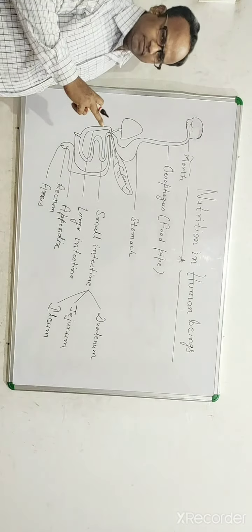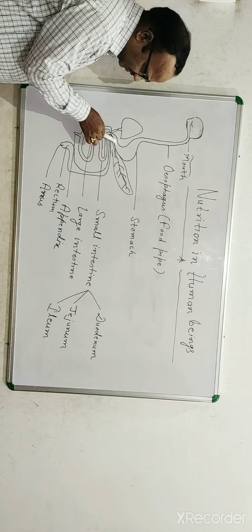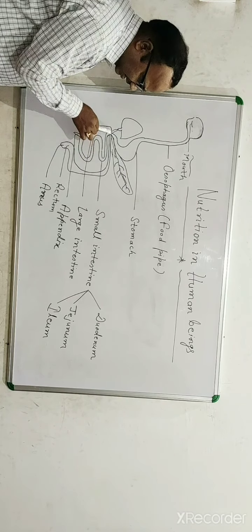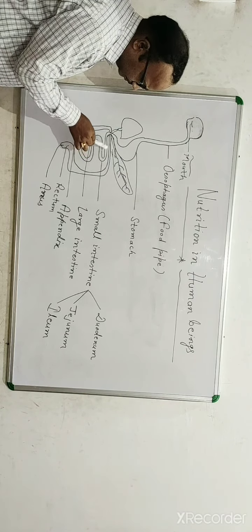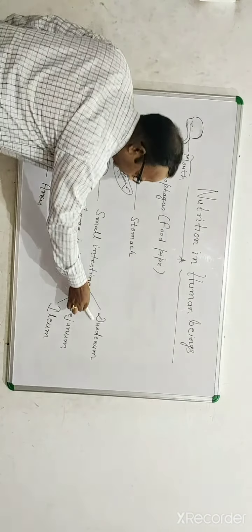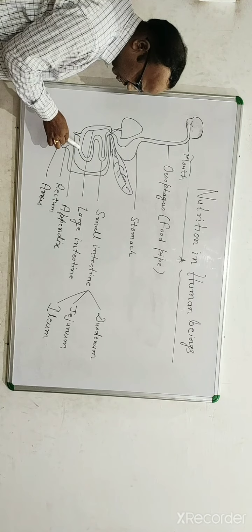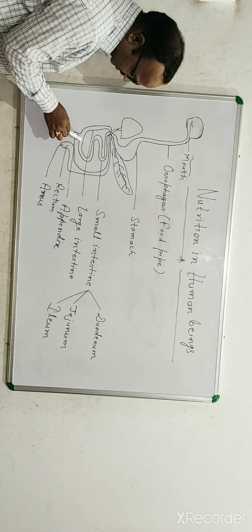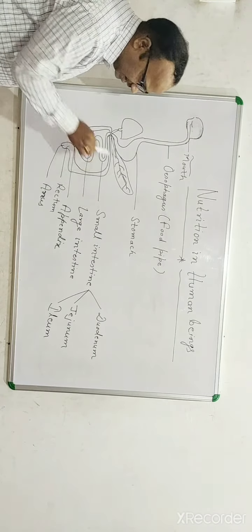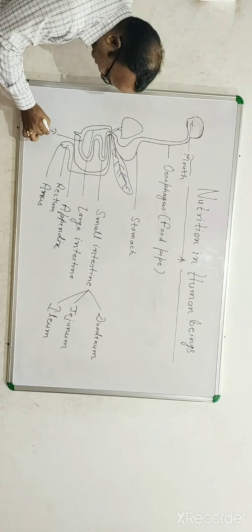I am showing you. After the stomach, this first tube at this region is called the duodenum, and after this the coiling is the jejunum, and the final part of the small intestine is called the ileum. This is the location of the ileum.